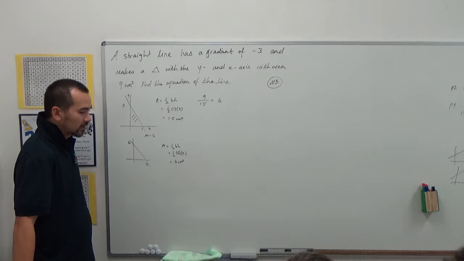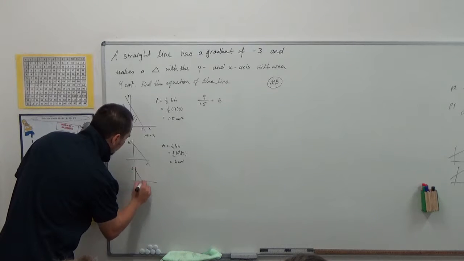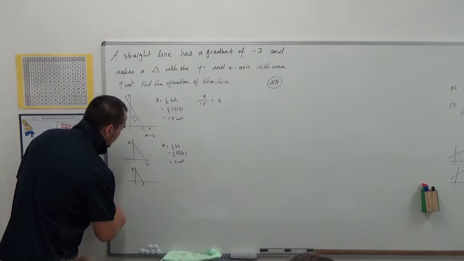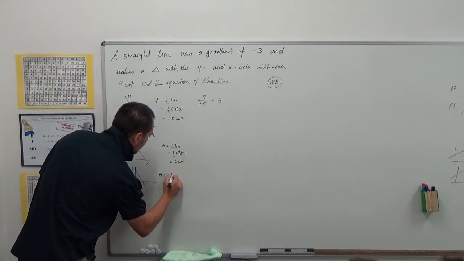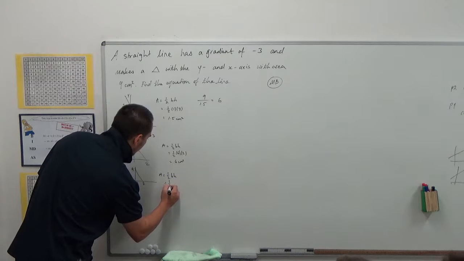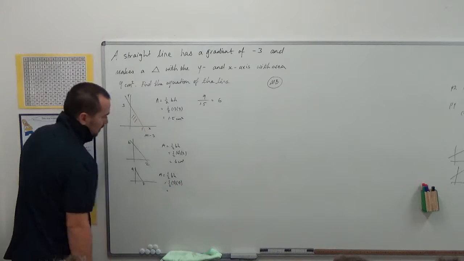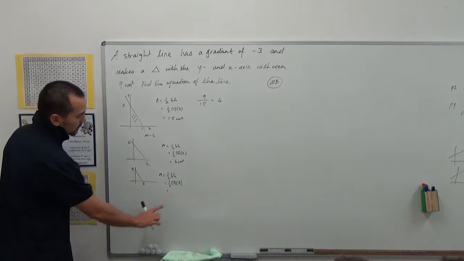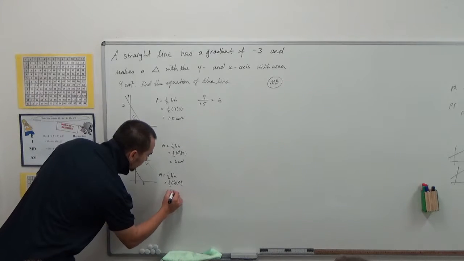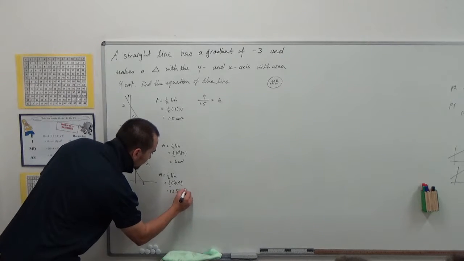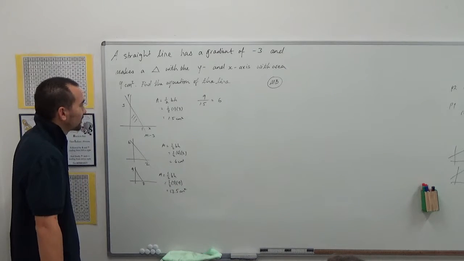So let's try 9 and 3. The area is half base times height, half of 3 times 9. 3 times 9 is 27, half of 27 is 13.5.